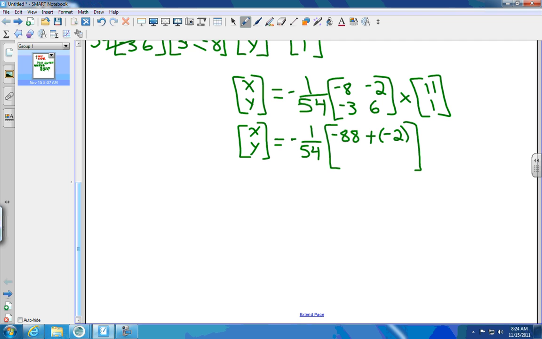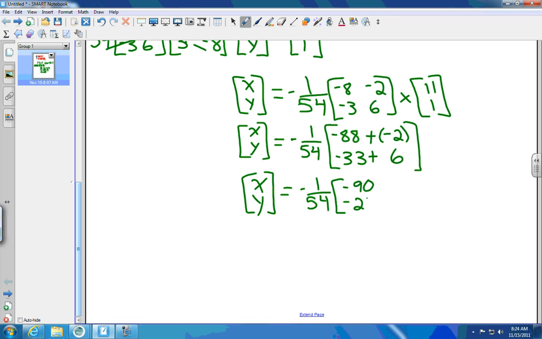You can do the same thing with the second row. -33 plus 6. So what do you get on the top there? -90. And on the bottom? -27. And then you can distribute that fraction in and get your final answer.